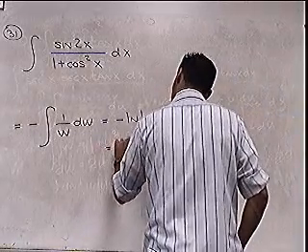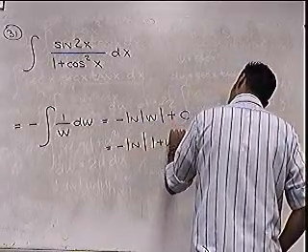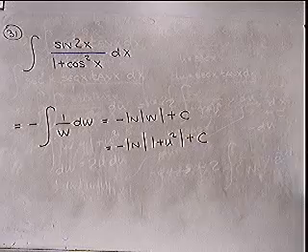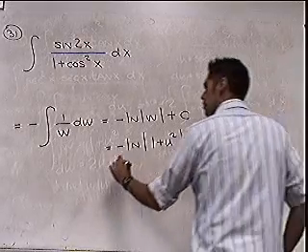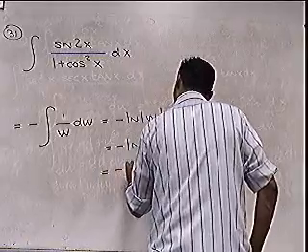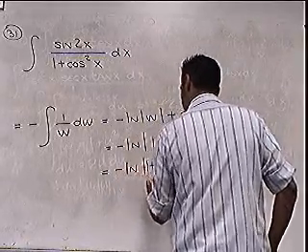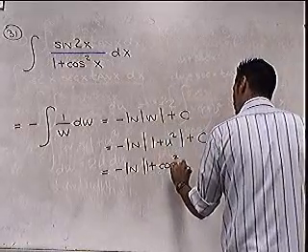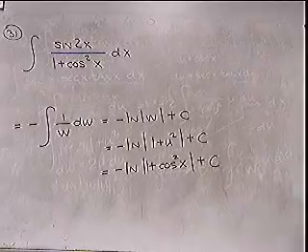So this is natural log of 1 plus u squared plus a constant. But what was u? Cosine x. So equals negative natural log of 1 plus cosine squared x, close off your absolute value, plus c.